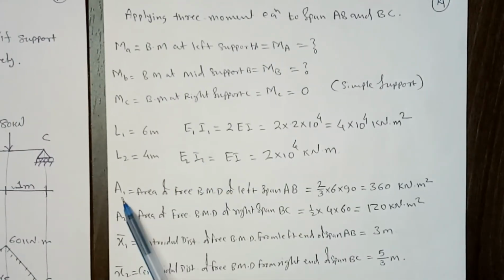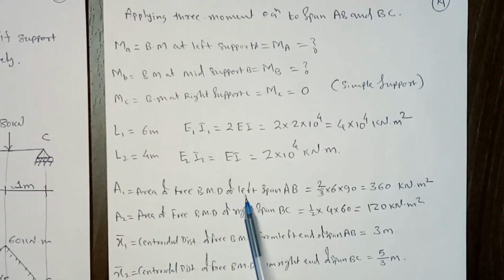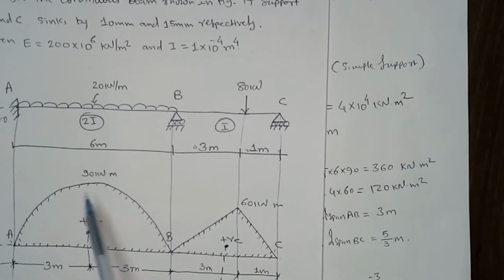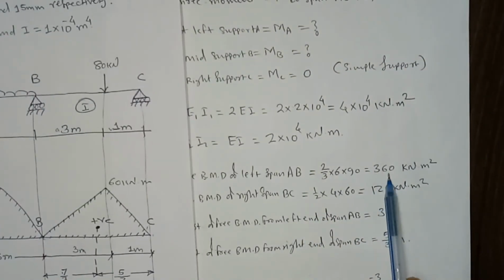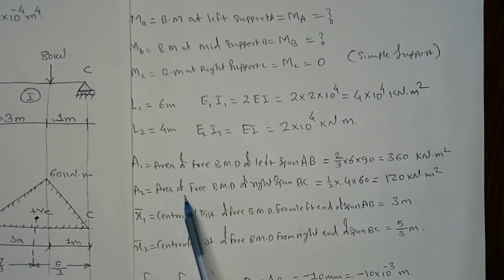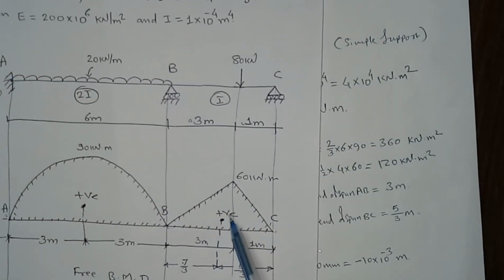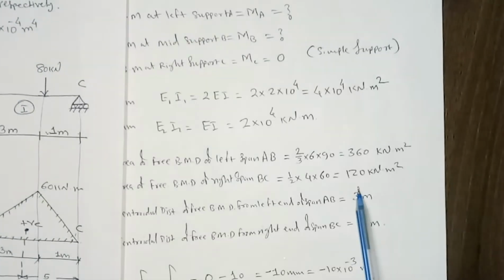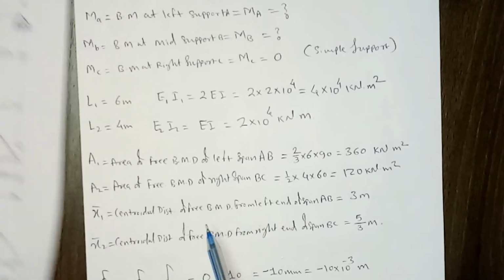Now A1 is the area of the free bending moment diagram on the left span AB. So the left span AB, which is this parabola, we already know the area is 360 kilonewton meter square. Similarly, A2 is the area of the bending moment diagram of the right span. So this right span, we have already calculated it, and it is 120 kilonewton meter square.